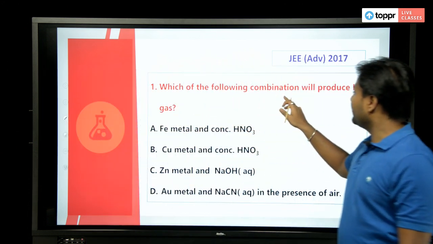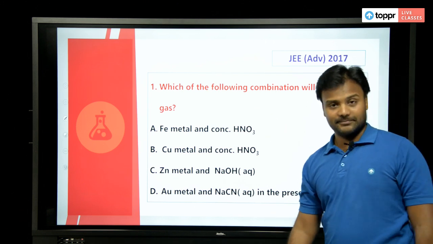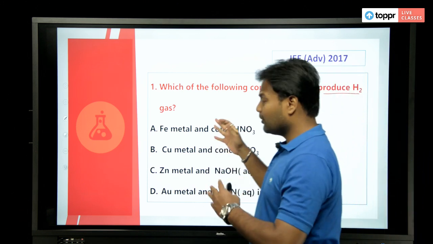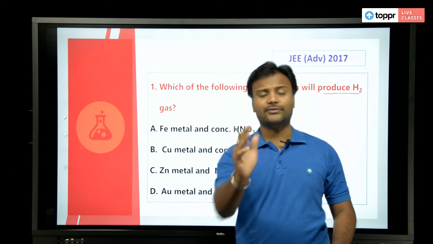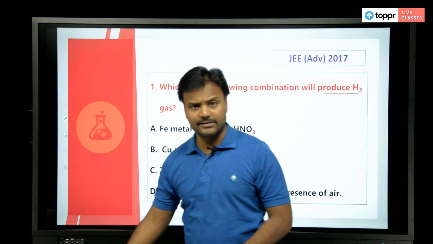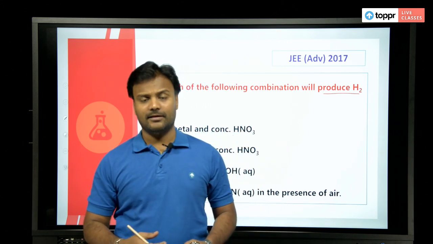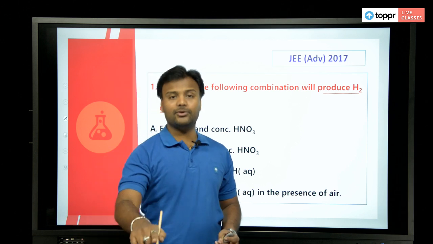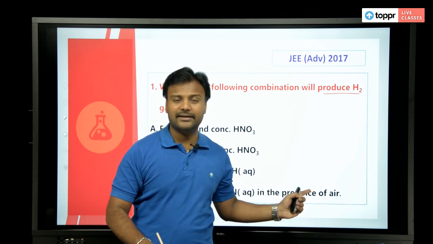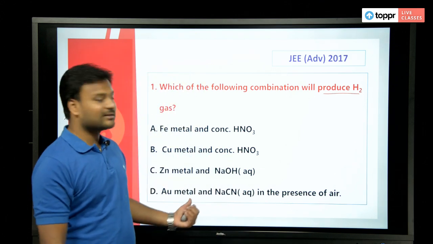Which of the following combinations will produce hydrogen gas? That means you have been given the metals as well as the acids. Not all the acids when reacted with metals produce hydrogen gas. But again I am reminding you, this question contains only one correct option.